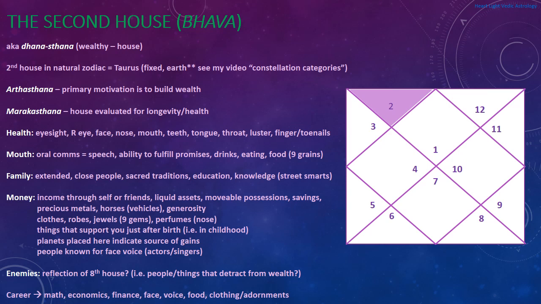The other thing is that when you see planets placed here in the second house, that's usually an indication those planets are usually indicating sources of gains in somebody's life. So maybe if you have Jupiter in the second house, Jupiter is the planet of oration.